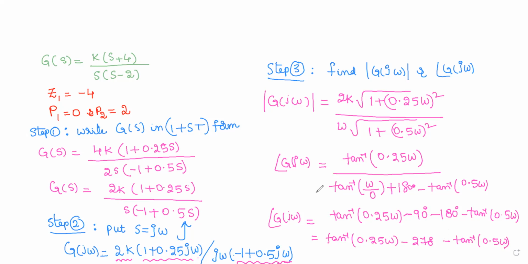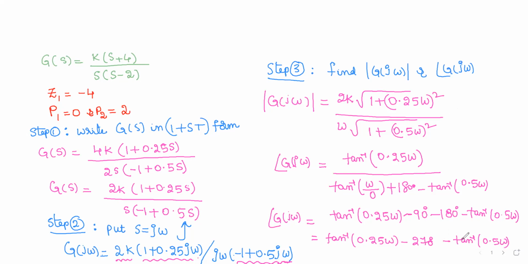Okay, so from these two equations, means from the magnitude equation and from the phase angle equation, we need to find the values at omega equal to 0 and omega equal to infinite. Step 4.